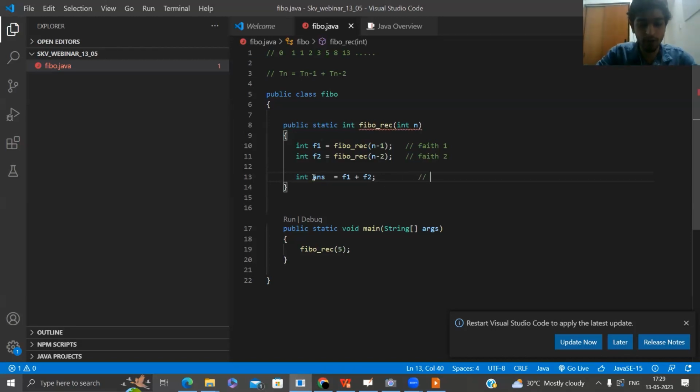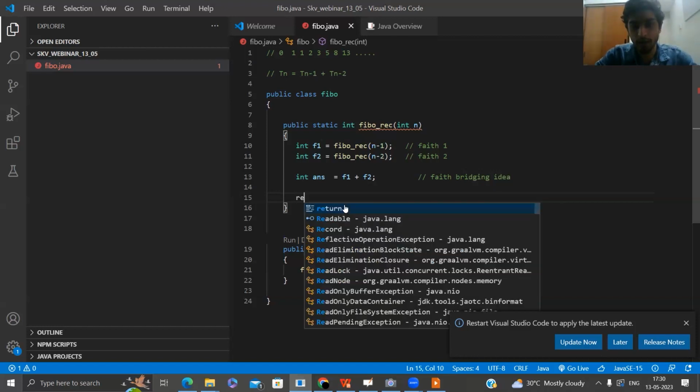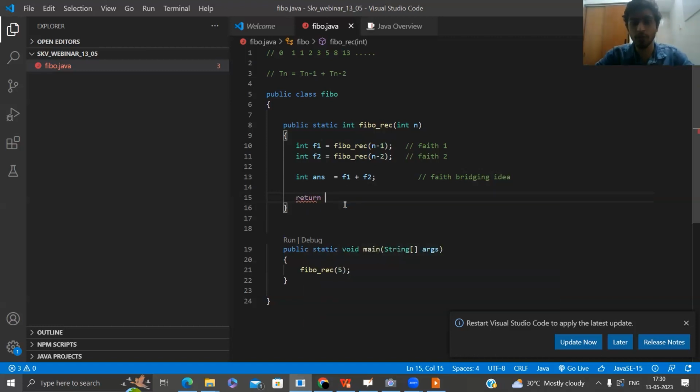And this is your faith bridging idea. Now you have calculated your answer, right? So you return your answer from this particular function.